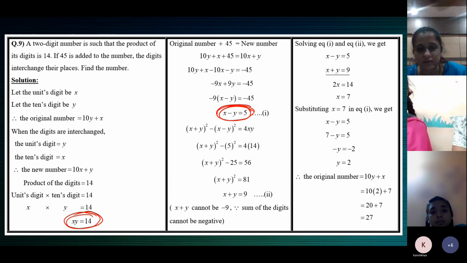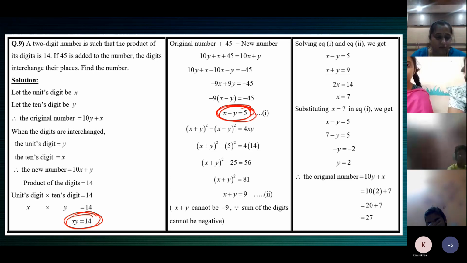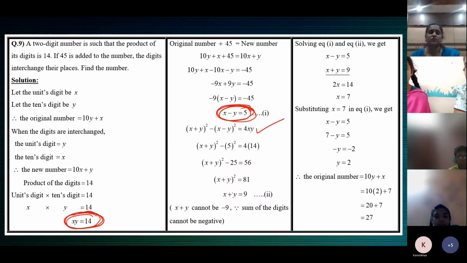When you have one linear equation in x and y and another equation like this, I've told you we need to use this formula, this algebraic identity. Here, I have not written x plus y is equal to plus or minus 9, because x and y are the digits of a number, and the sum of the digits cannot be negative.